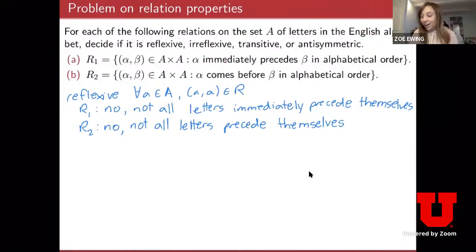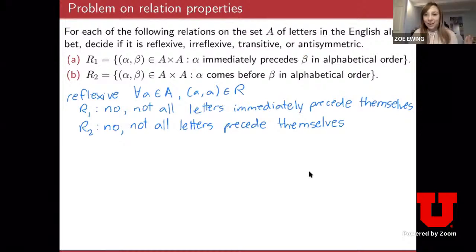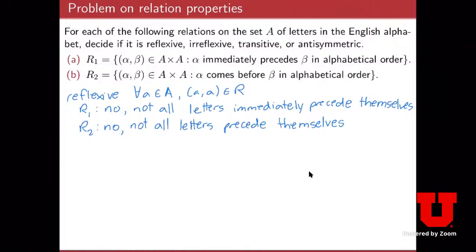I always get the Greek letters. Alpha, maybe? Alpha, and yeah, probably this is beta. Thank you. Okay, so alpha immediately precedes beta in alphabetical order. That just means that some letter comes directly before another letter. Like X and Y: X comes directly before Y in the alphabet. And the second one is that alpha comes before, but not necessarily immediately precedes it. So it could be X and Z, because X does come before Z, even though it's not right next to it. Does that answer your question? Yeah, thank you.